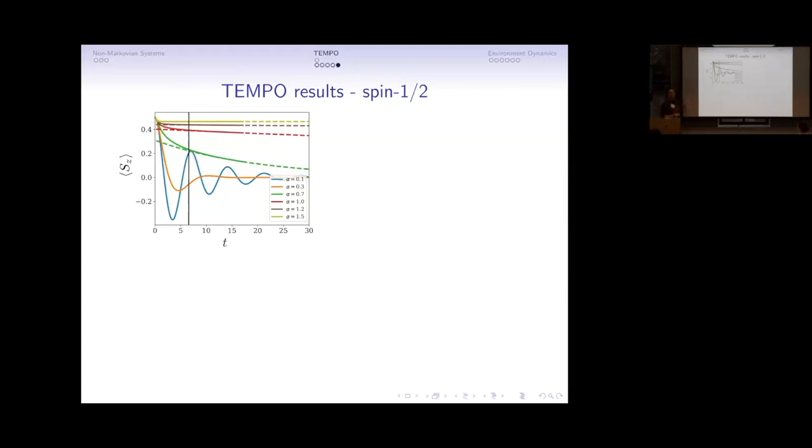Then as you make alpha above 0.5, you get the green curve, which is just clearly decaying away to 0. If you go up to larger and larger alpha, these things are decaying because we have this finite memory cutoff, but they decay slower and slower as you make the memory length longer. For example, in this green case, which is definitely in a limit where the SZ should have decayed away to 0, everything converges nicely as you make the memory length longer.